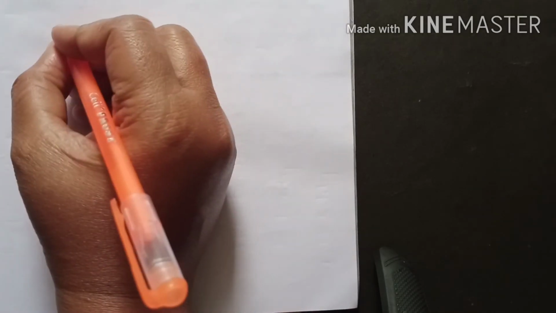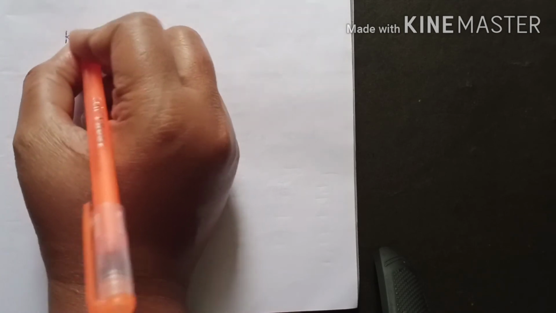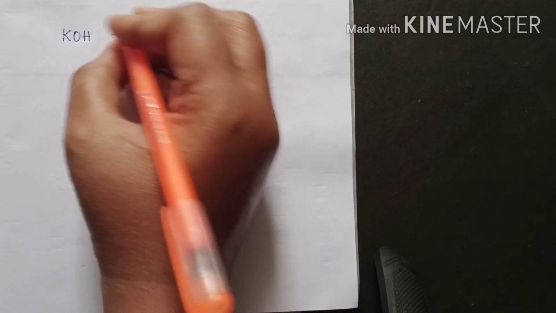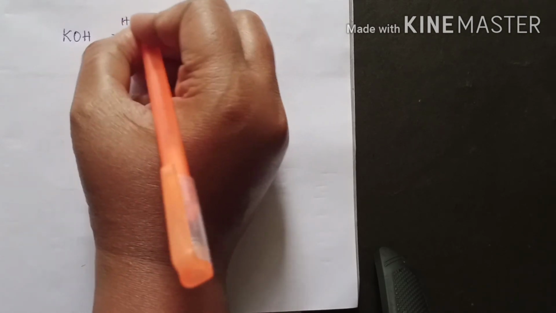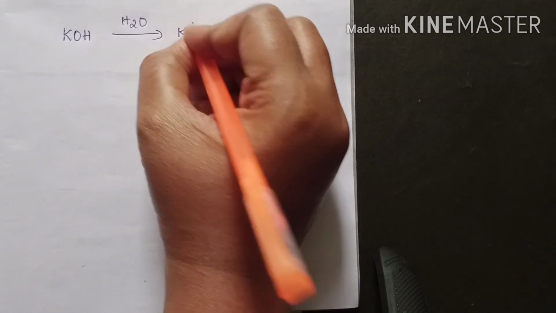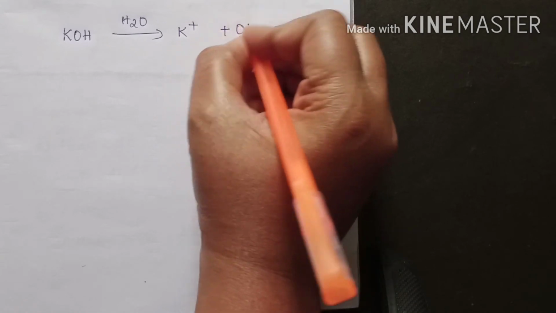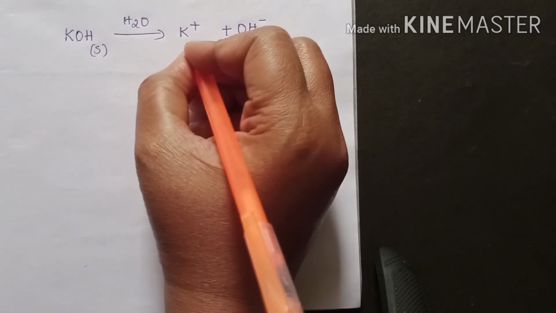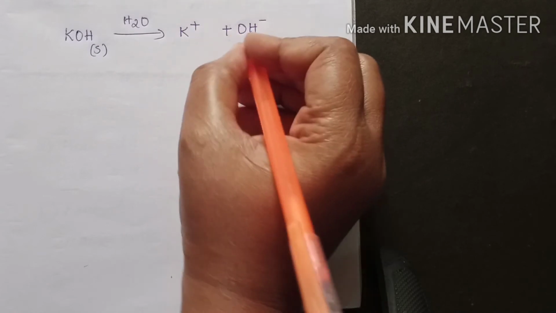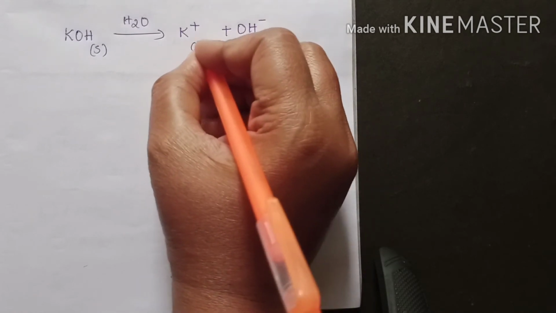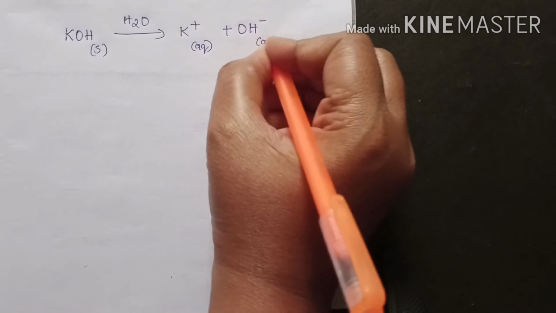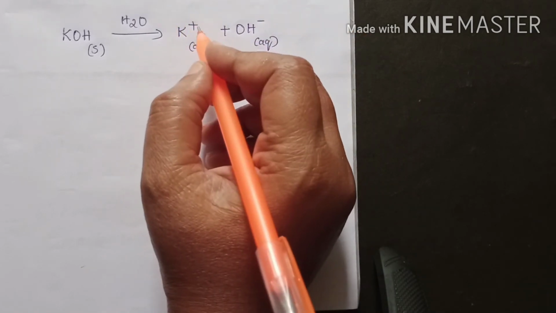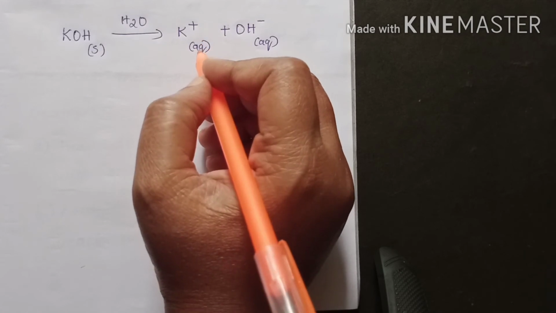For example, when potassium hydroxide, that is KOH, is dissolved in water, we will get K+ and OH- ions. Here potassium hydroxide is a solid and we can represent these ions as aq. What is aq? It represents that these ions are present in aqueous solution.